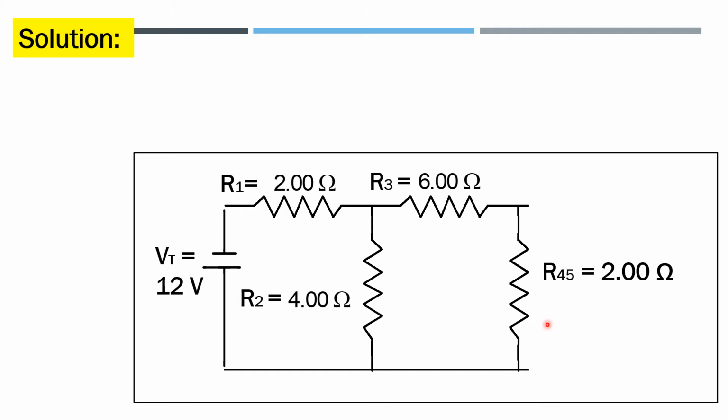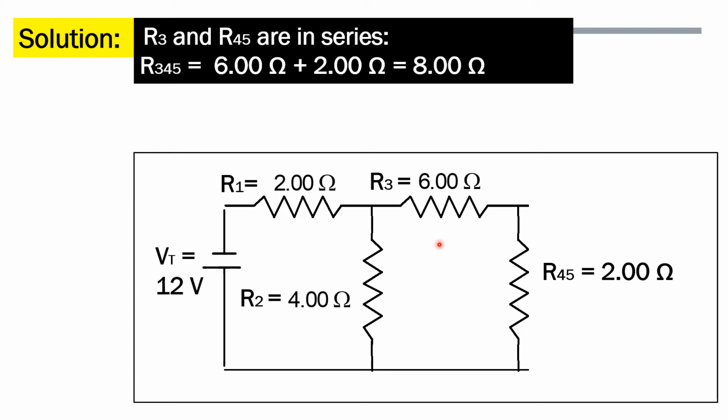We already said that R3 and R45 are now connected in series, so their sum can be determined by adding them directly. We call this the sum of R3 and R45, or R345, and that is equal to 6 ohms plus 2 ohms.